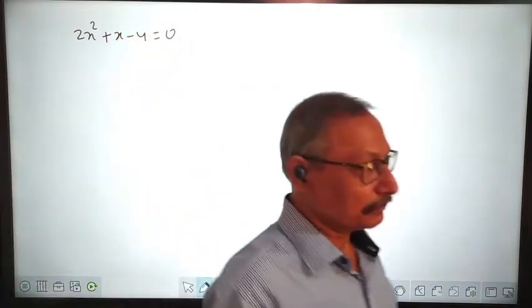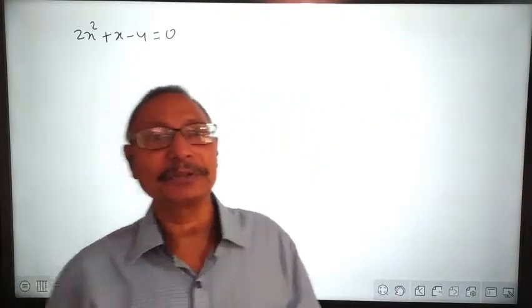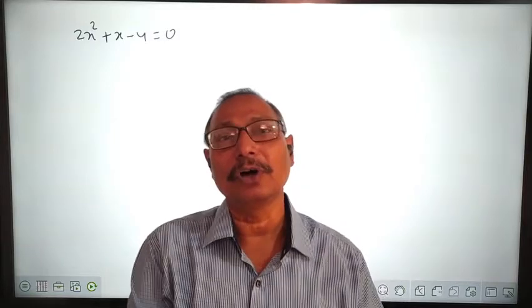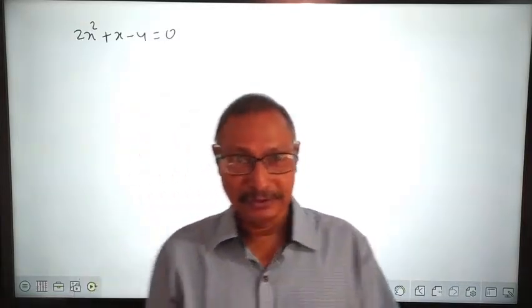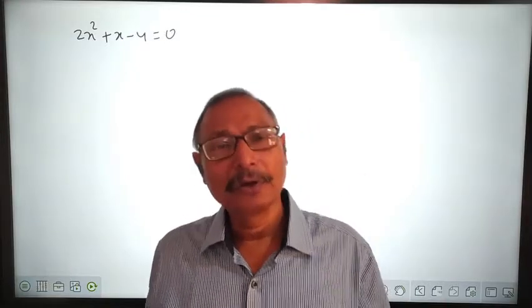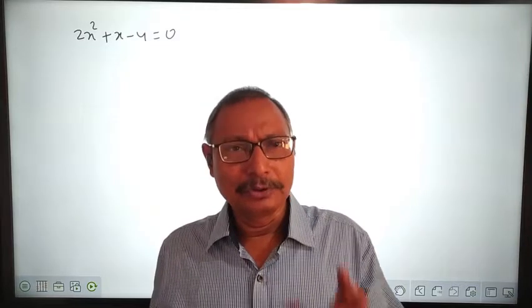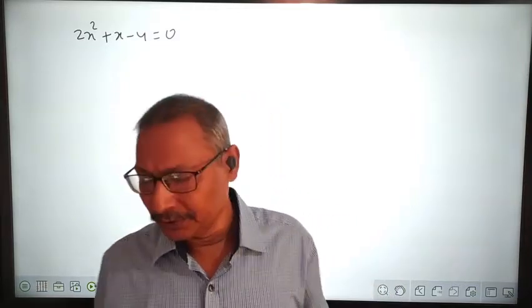Sometimes you will feel that with the help of the middle term splitting method, you are unable to solve such kind of questions. Sometimes you will get both the options very clear. So at that moment, it will depend upon you which you adopt.